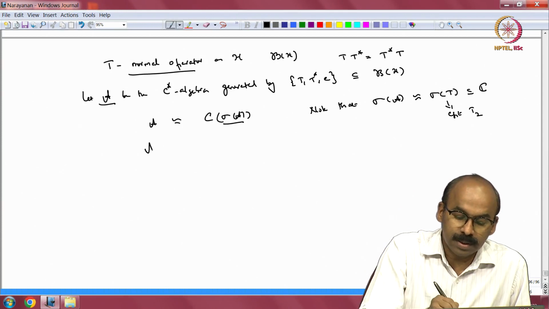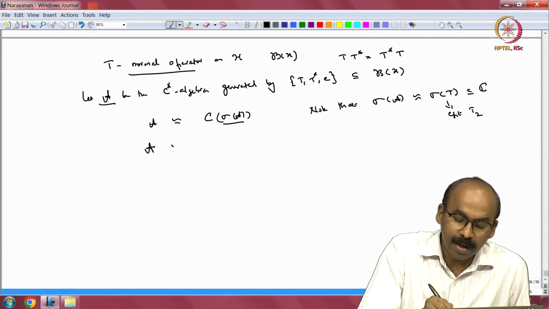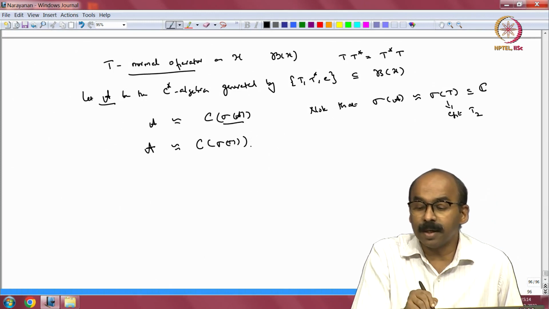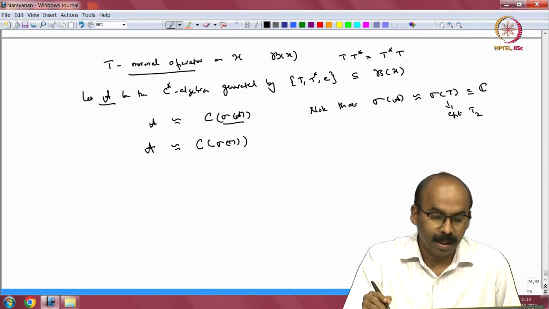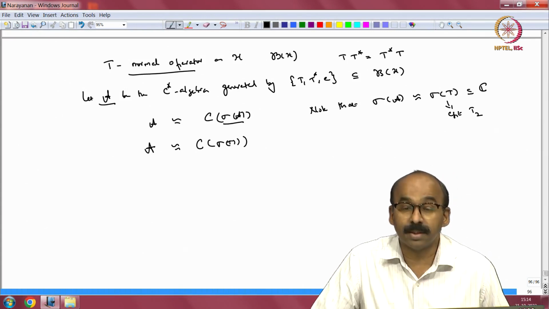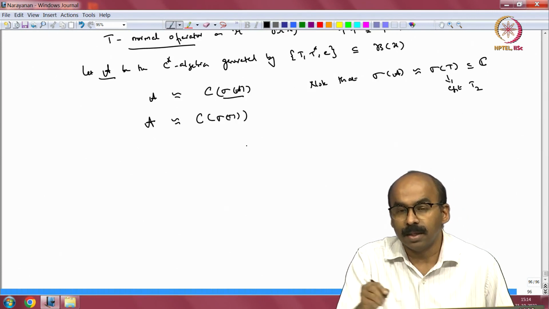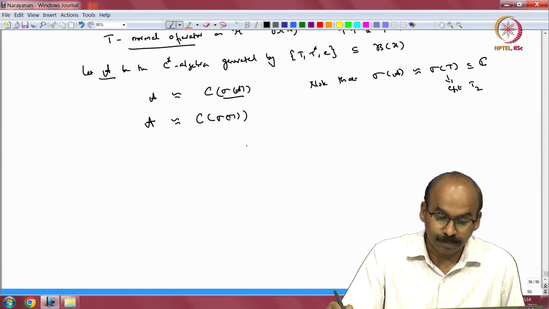So, the C-star algebra generated by T star and E can be identified with continuous functions on the spectrum of T. Okay. So, remember, the spectrum of T is well defined, whether it is in A or in B of H, right. We saw that in the C-star algebra case, it does not matter if it is a C-star subalgebra or not, as long as we are in the C-star algebra situation, spectrum is well defined.